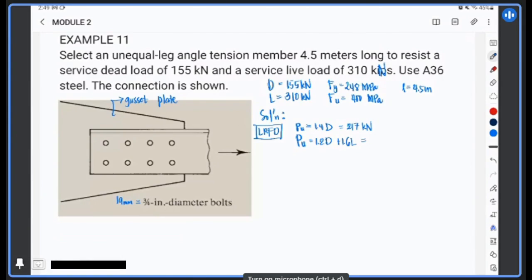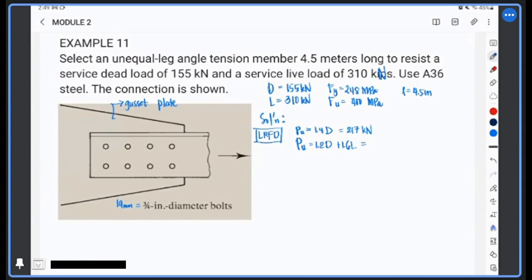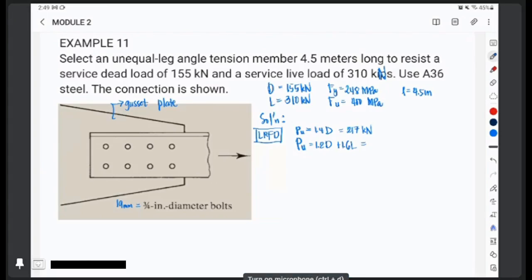Wala? Anyone? What's the factored load? 682, sir. 682. Okay, that's right.